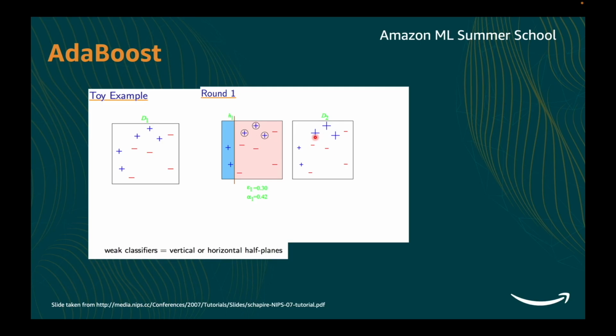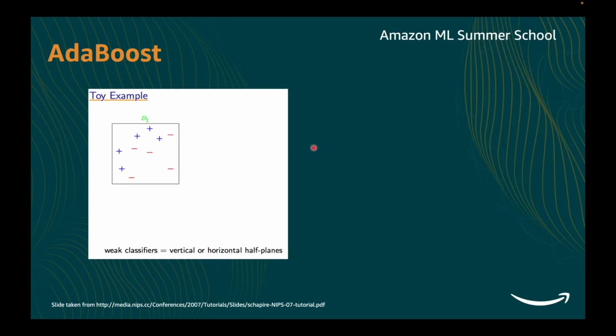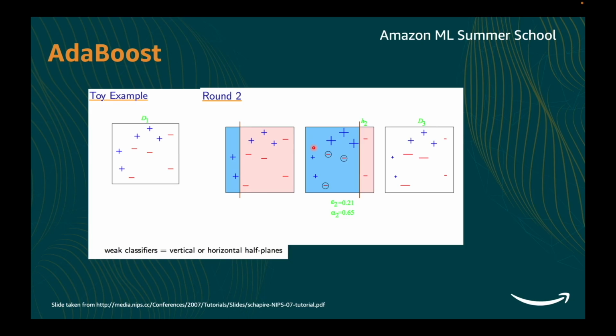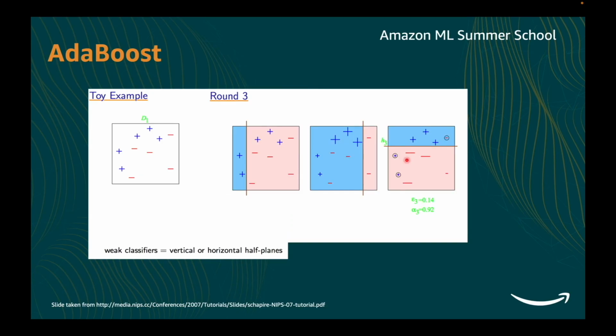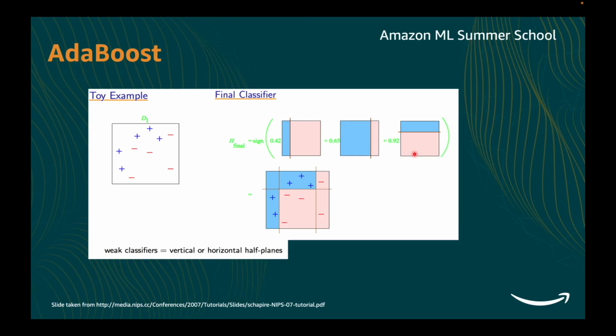So in the next round the value of d, the probability score of these examples, is much higher, and of the other ones is much lower, and you can see that these all have been shrunk. In round number 2, you have a second classifier, which is now incorrectly predicting these ones, and these ones are given a higher weightage in the next round. Round number 3, these ones are given a higher weightage, and so on and so forth.